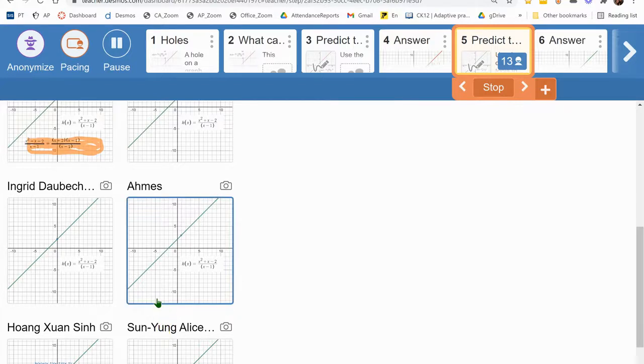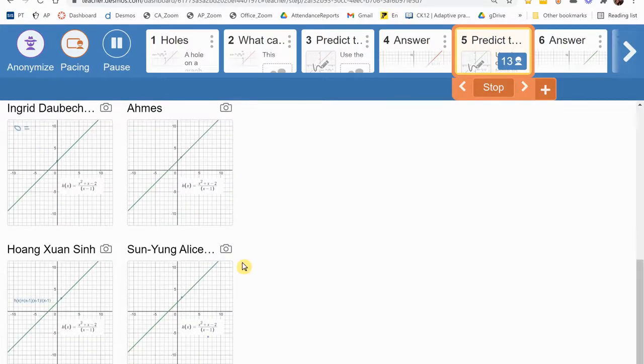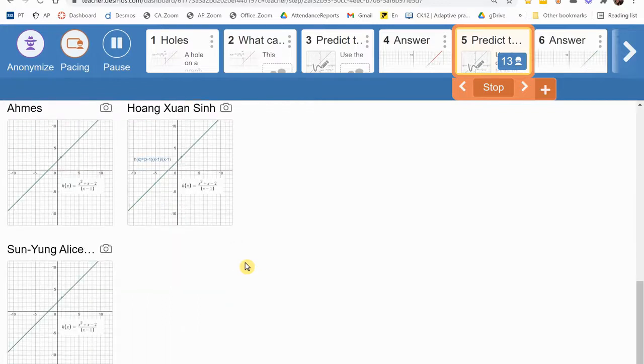Ahmes, your dot is definitely in the right place. Now, can you back it up with some justification mathematically why that's the right place? We know that we would have to have something on the top and something on the bottom that are identical, that would cancel each other out, and at the value of the hole would create an undefined, 0 over 0 equation.